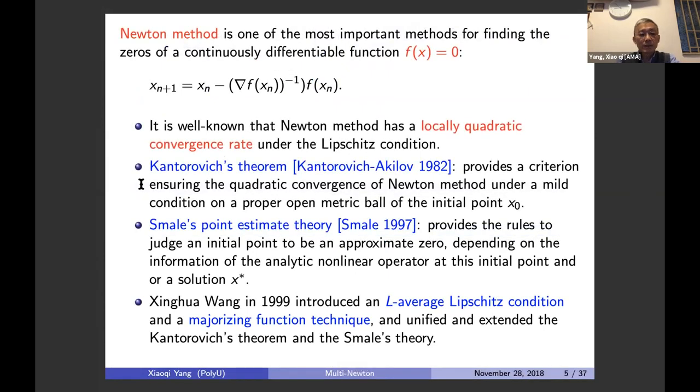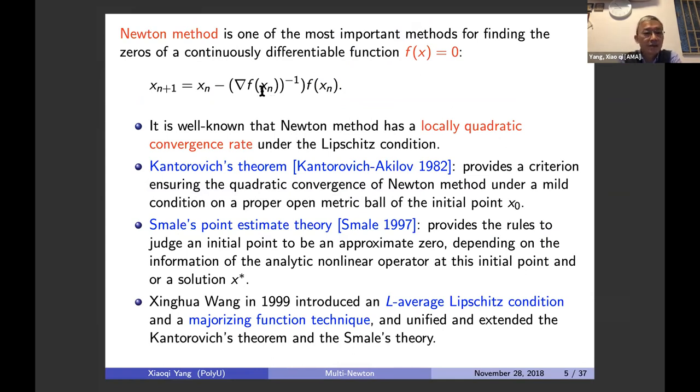Then talk about the Newton method. For an equation, a system of equations, the basic Newton iterative scheme is like this. We need to find the gradients and the inverse.